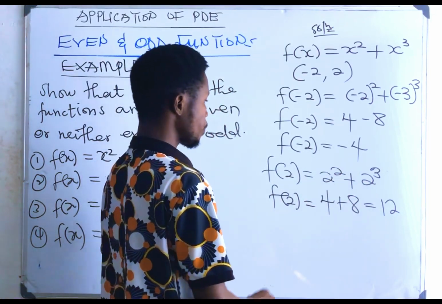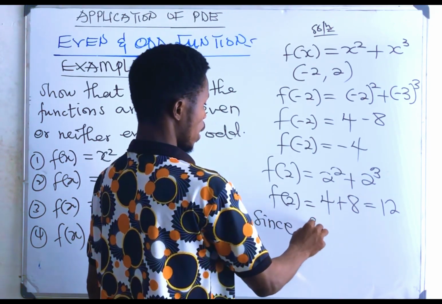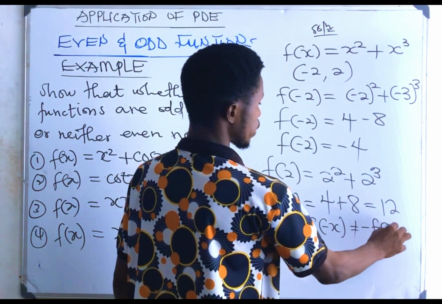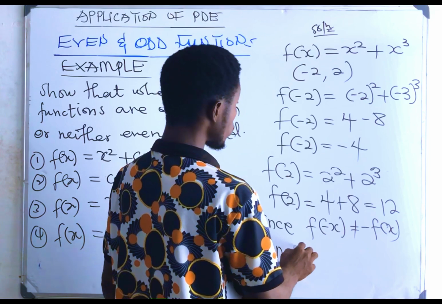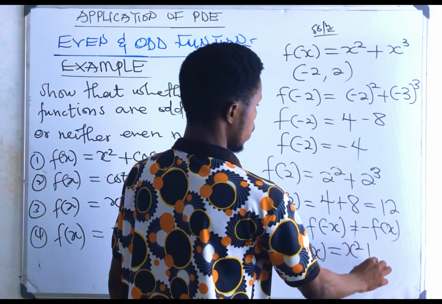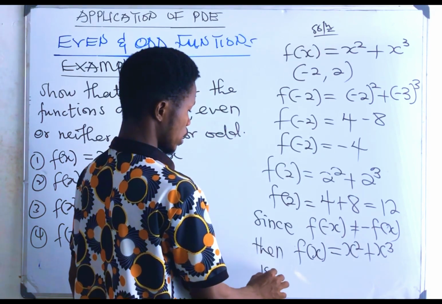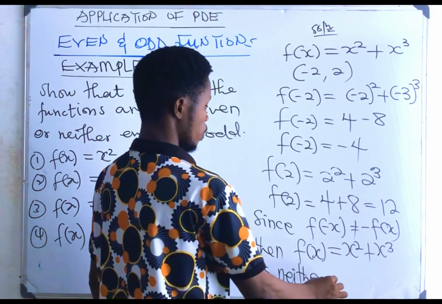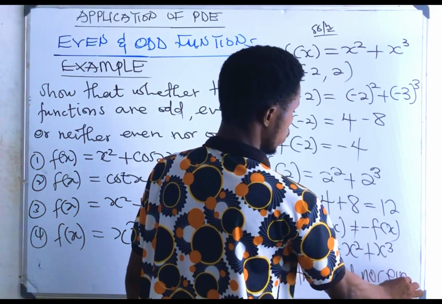So when it happens like that, you state that since f(-x) is not equal to negative f(x), then the function, which is f(x) = x squared plus x cubed, is neither odd nor even.